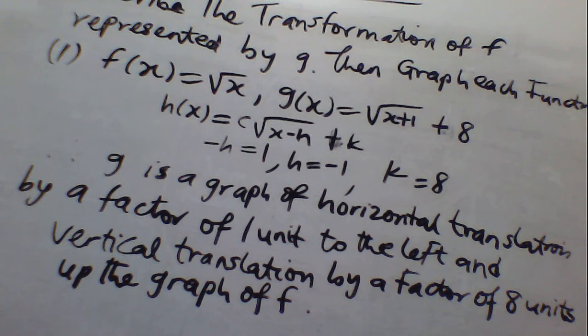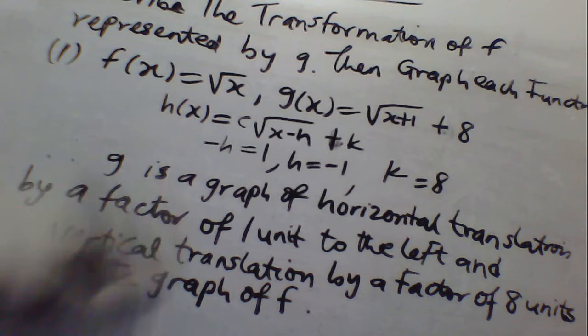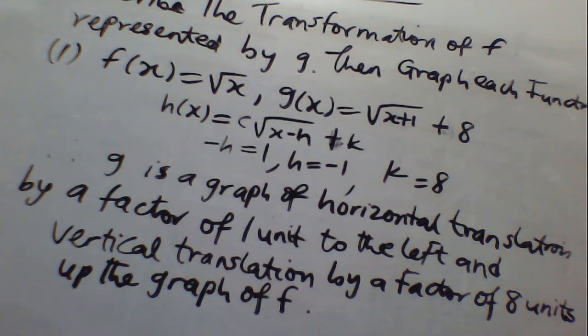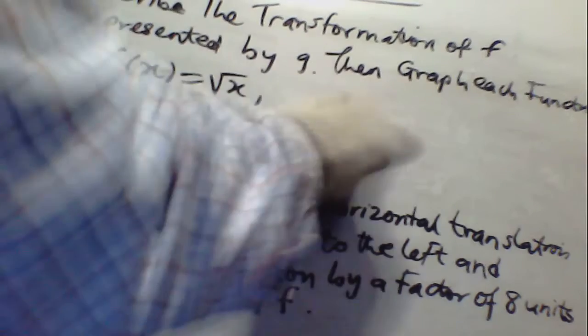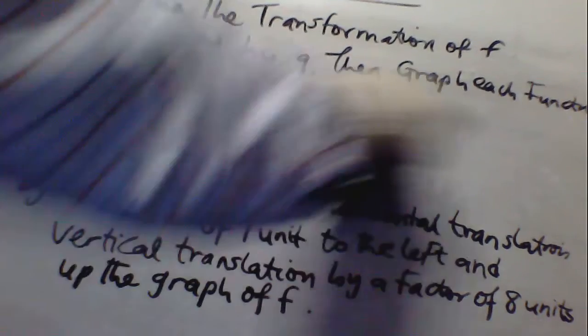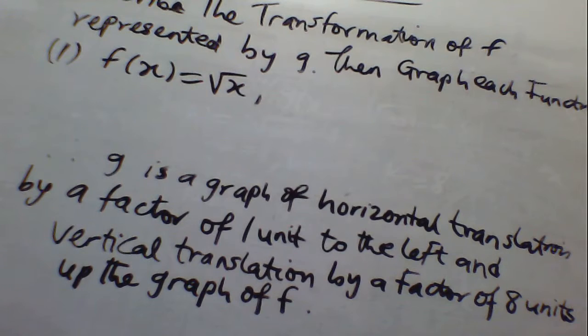So once you have stated this, you can now go into graphing the function. We don't have enough space, therefore we have to clean the board in order to graph the function. So here, let's make some space.